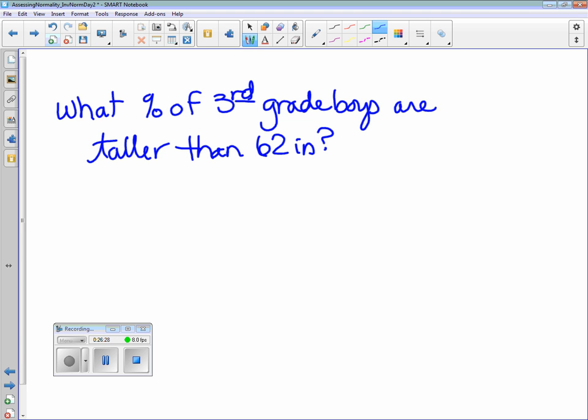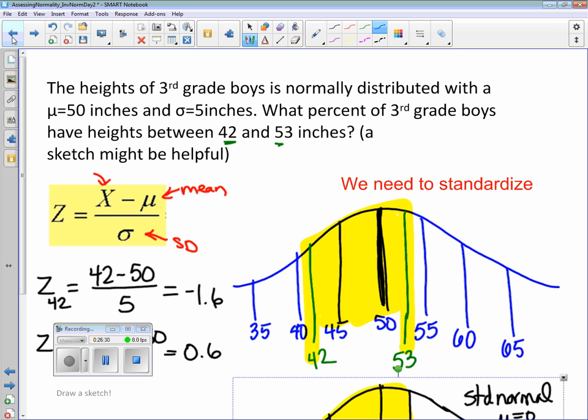Okay, so let's redraw. If we look at our 62, is that one of the numbers that are exactly 1, 2, and 3 standard deviations above or below? No. So we can't use our empirical rule, can we? Which would be nice if we could, but we can't here.